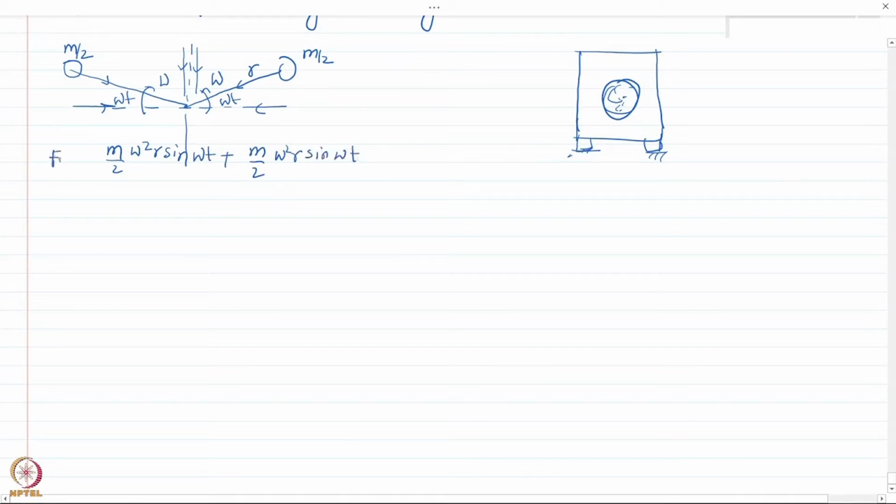So the net horizontal force is equal to 0, but the net vertical force is nothing but m omega square r sine omega t. Basically, the rotation is driven through an external source.